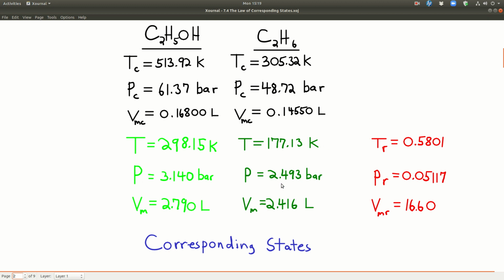Likewise, this pressure for ethane and this pressure for ethanol give the same reduced pressure of this. You should check my math, guys. And also likewise for the volume. So that says that under these conditions, because they have the same reduced variables, temperature, pressure, and volume, we expect them to behave similarly. They are in corresponding states.